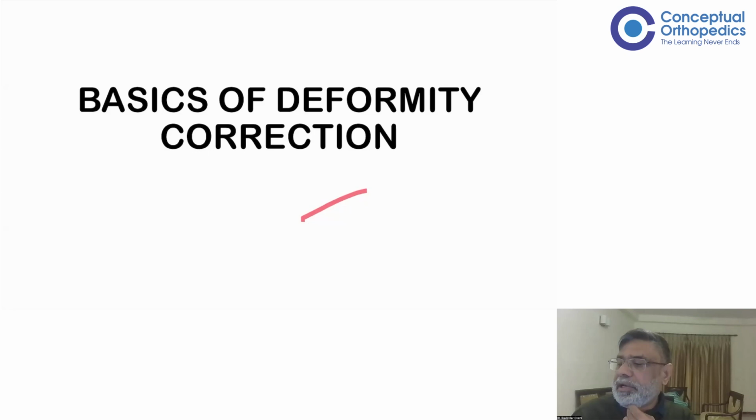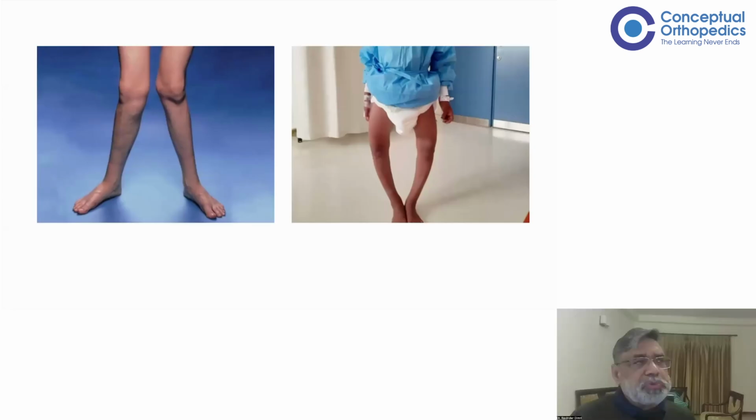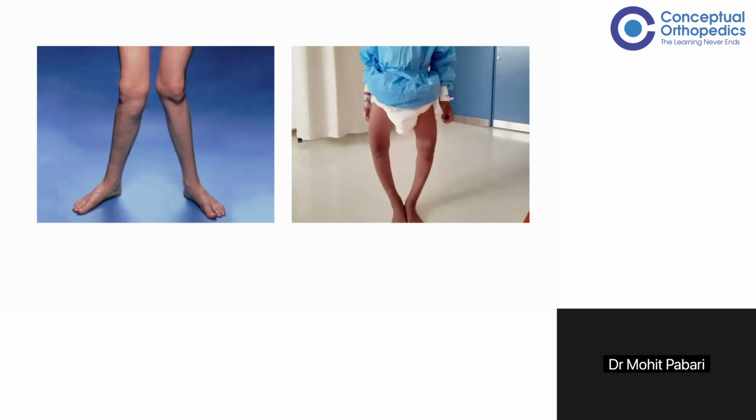So when you see cases of, let's say, genu valgum and genu varum, how do you plan the surgical management of these cases? First of all, I would like to see what is the cause of that, whether the joint is the issue, or the distal femur or proximal tibia has any kind of deformity.